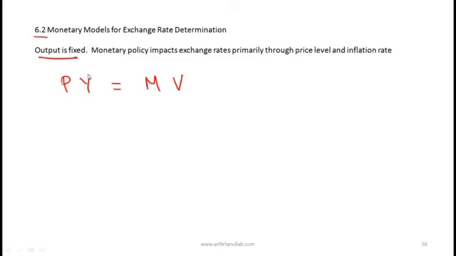If we assume that output is fixed and velocity is stable, then an increase in money supply will result in a similar increase in price level. And then if we assume purchasing power parity, then increases in price level, which essentially means inflation, will result in changes in exchange rate.